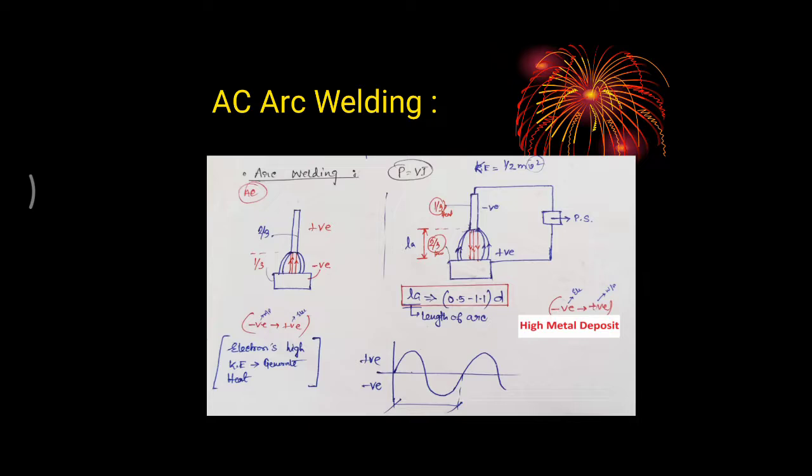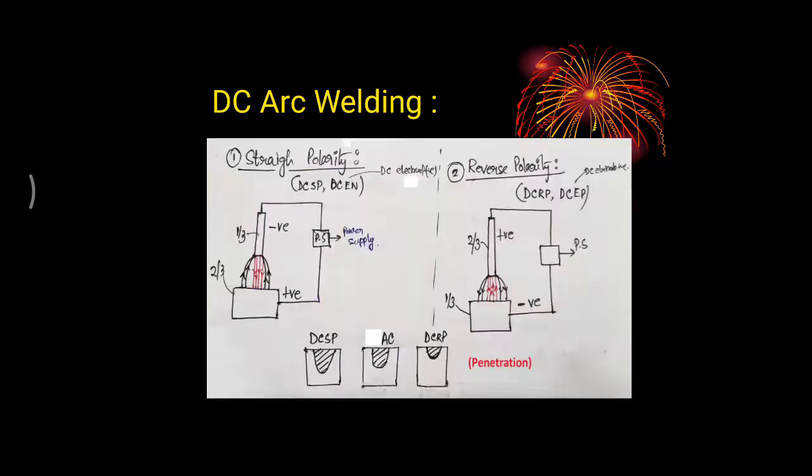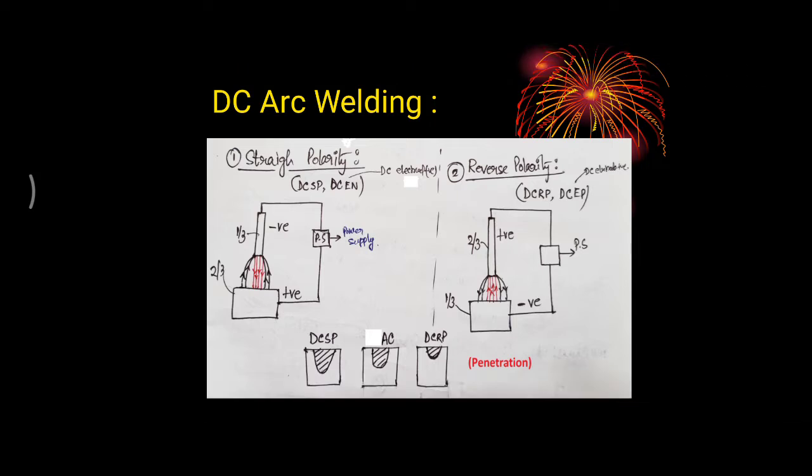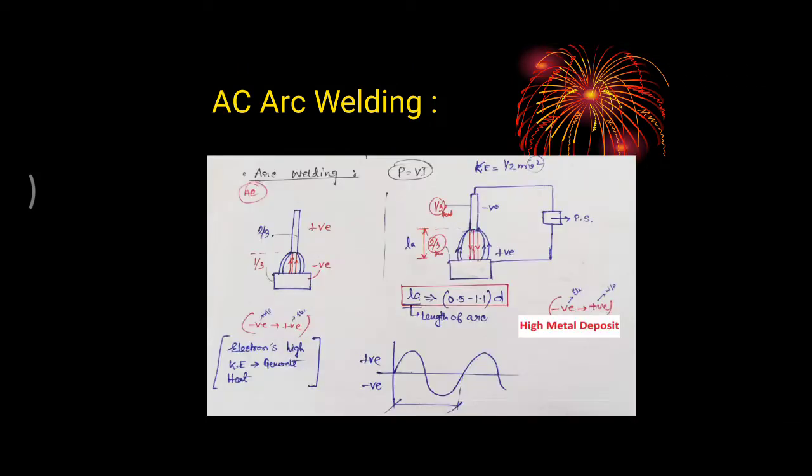One is positive and one is negative. The AC welding is most commonly used, in the left side picture, this one. This is positive and this is negative. The below is the workpiece, the above is the welding electrode.